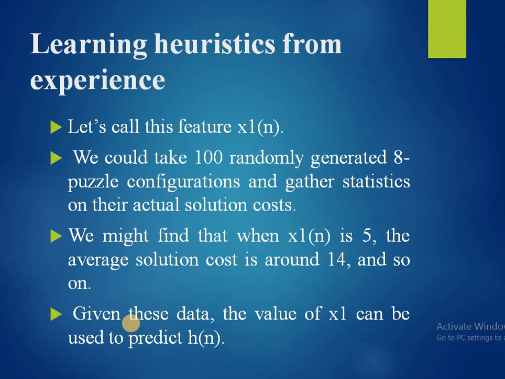Let's call this feature x1 of n. We could take 100 randomly generated 8 puzzle configurations and gather statistics on their actual solution costs. We might find that when x1 of n is 5, the average solution cost is around 40, and so on. Given these data, the value of x1 can be used to predict h of n.